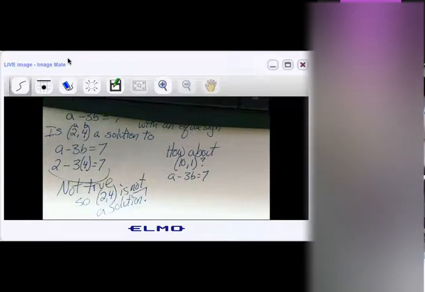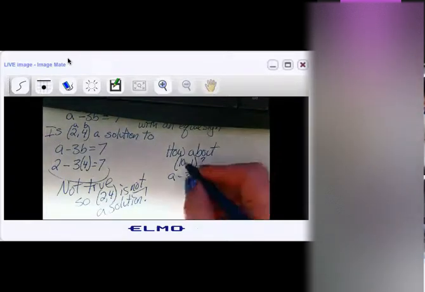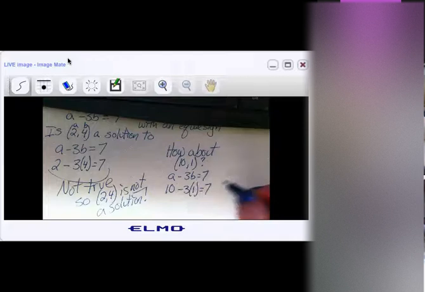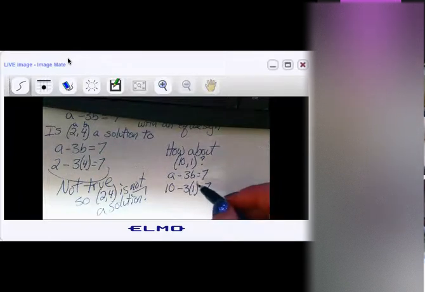Yes. I'm going to plug in the 10 for A, the 1 for B, and then I'm going to see, okay, is this actually true? Remember, you always have to follow order of operations, right? So I do have parentheses. There's nothing to do inside those parentheses, though.